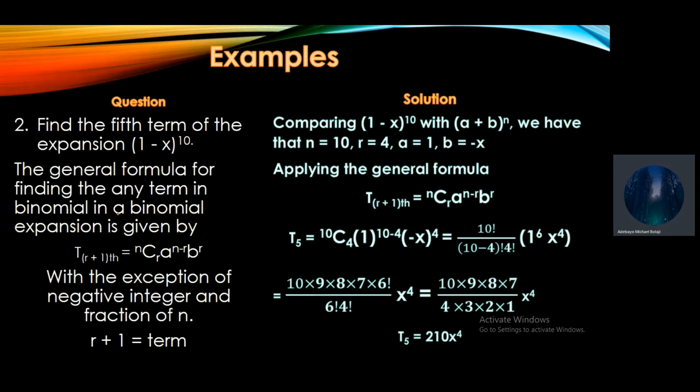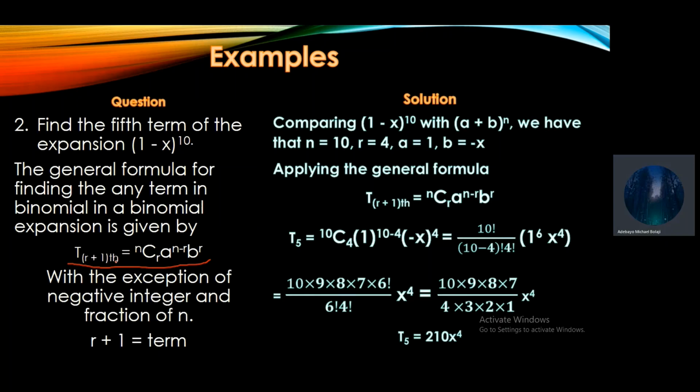Now when you are looking for only one term, let's read what this is saying. It says the general formula for finding any term, just one term, which could be any term, in a binomial expansion is given by this general formula. You must put all this formula in your head. Make sure you don't forget them.